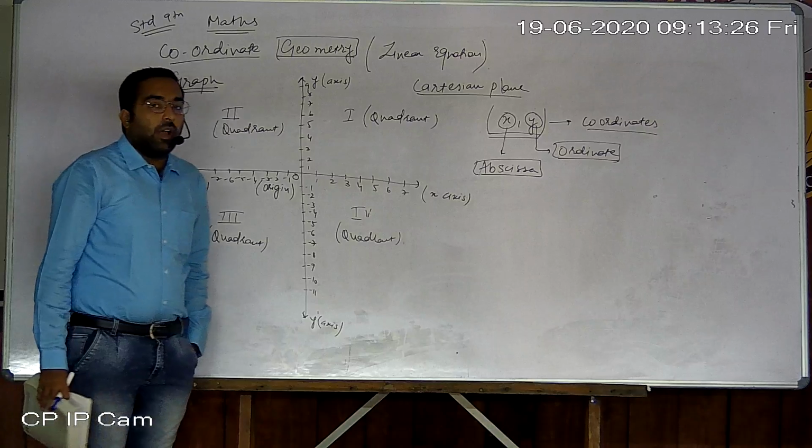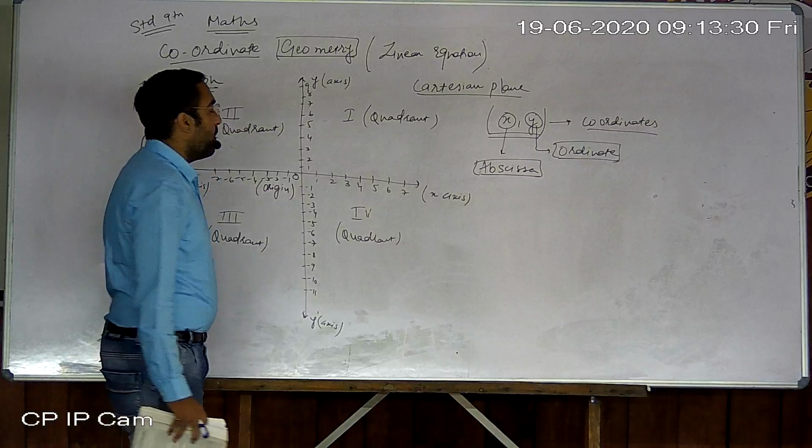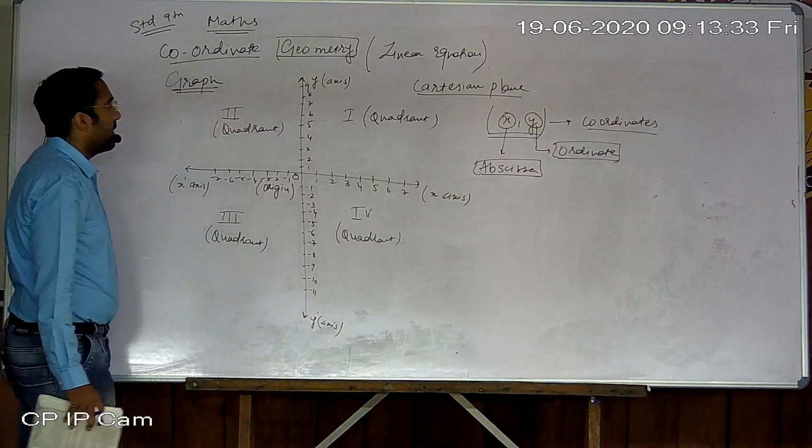Abscissa and ordinate together make the coordinates used to plot the point. Okay, clear students?